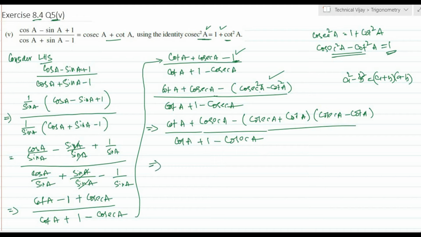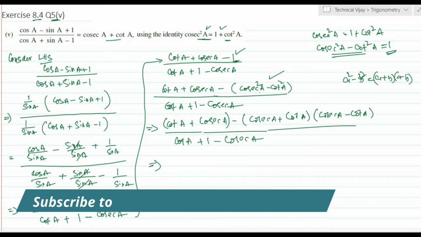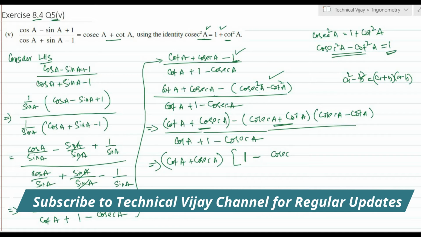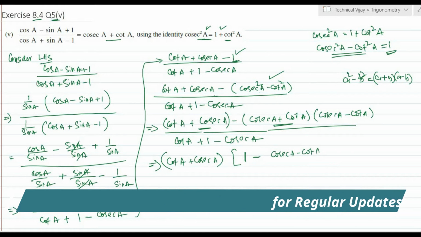Now you can observe that cot A plus cosecant A appears in these two terms. We take it common, that is cot A plus cosecant A. Whatever remains is 1 minus (cosecant A minus cot A).